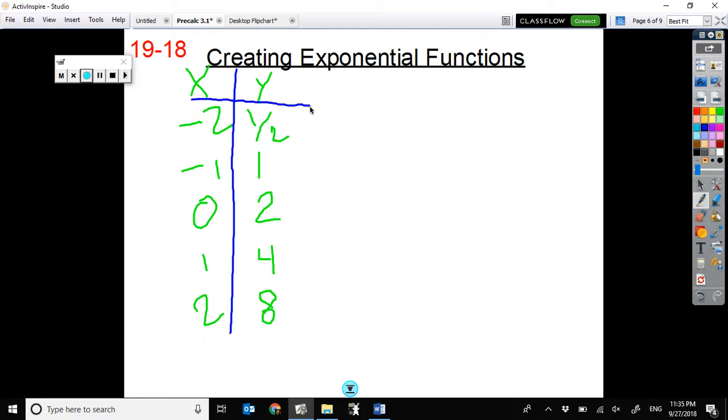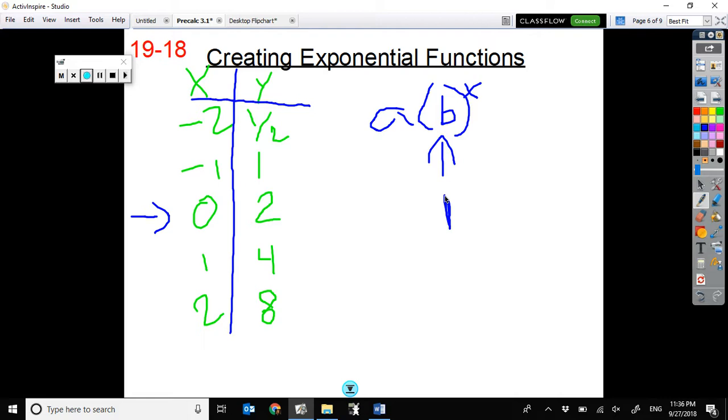I start off by finding the x value of 0. Now this is telling me it's exponential, and I know that this is going to be in a form that looks like this: a times b to the x. When I plug 0 in for x, it doesn't matter what I plug in for b, this entire power is going to become 1.